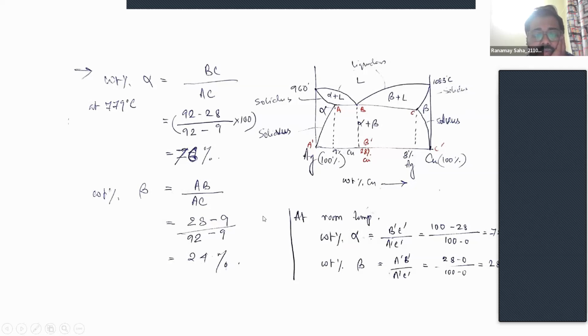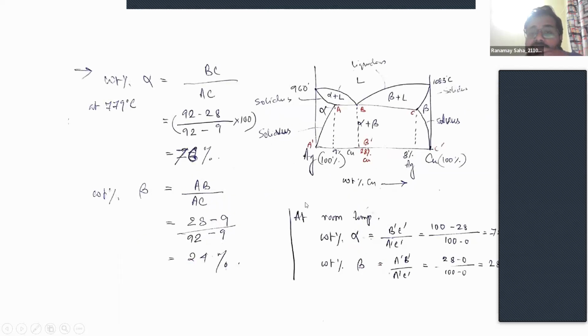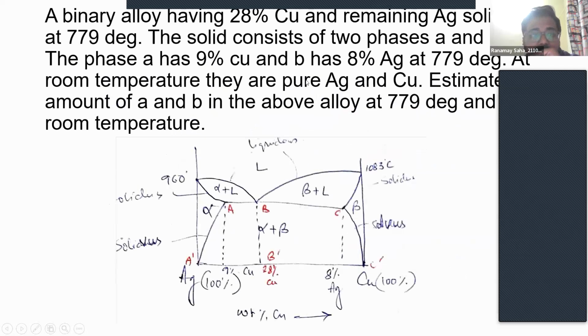Now the question asks you to find out at 717 as well as at room temperature. What happens at room temperature? At room temperature, of course, the particular components of the alloy behave as pure metals, as given in the question.